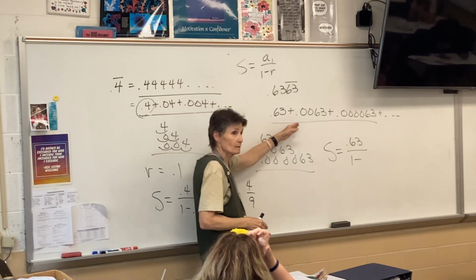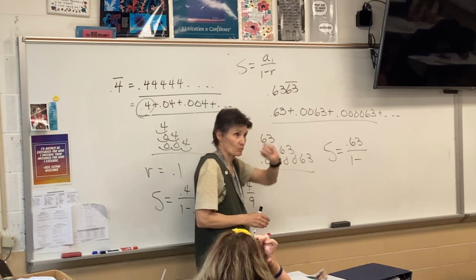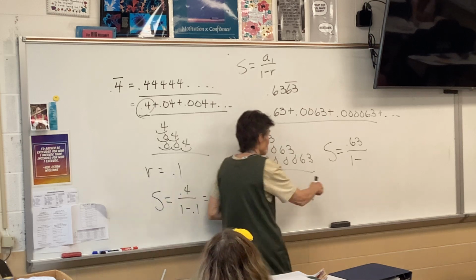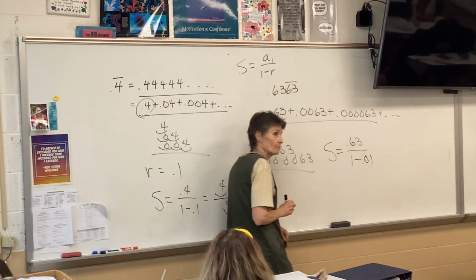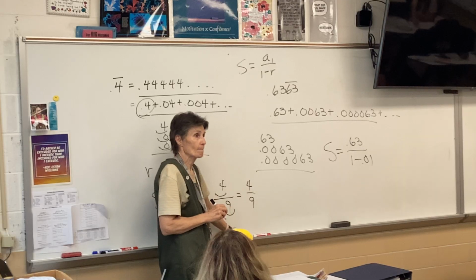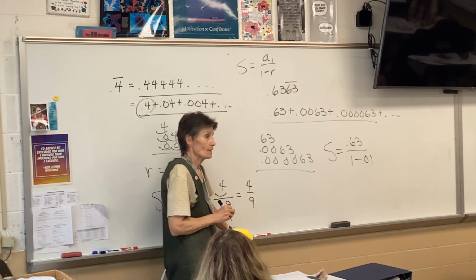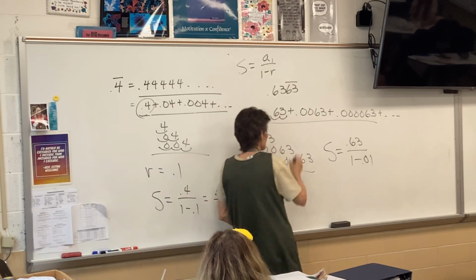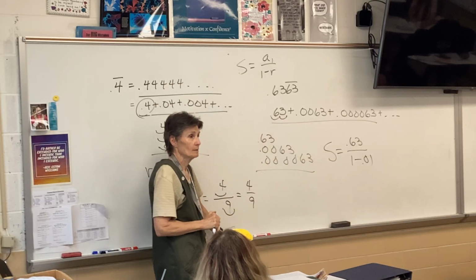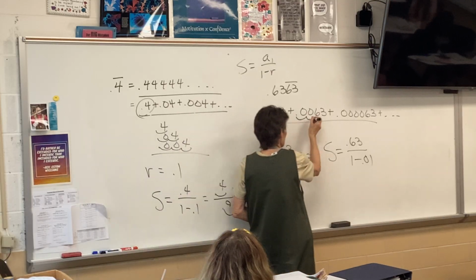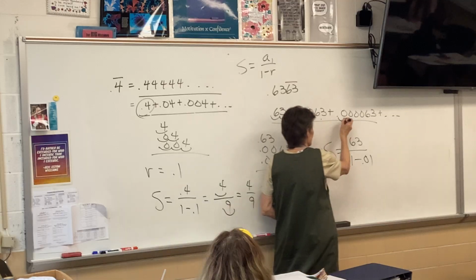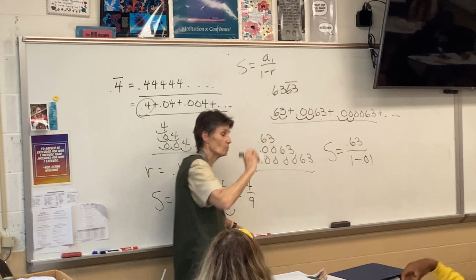What am I doing here? Adding 2 extra zeros, so the ratio is 0.01. Because this is 2 digits, I have 2 repeating digits. So I have to have 2 zeros, and then another 2 zeros, and so on and so on.